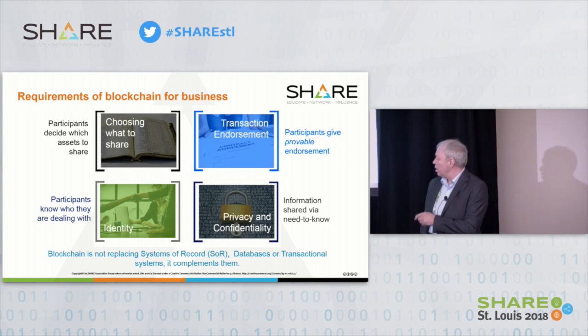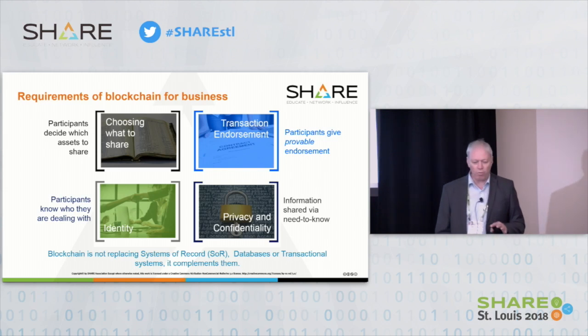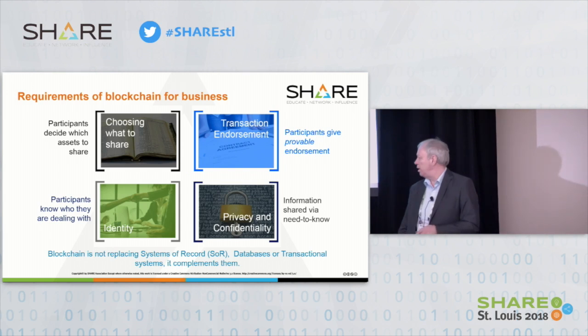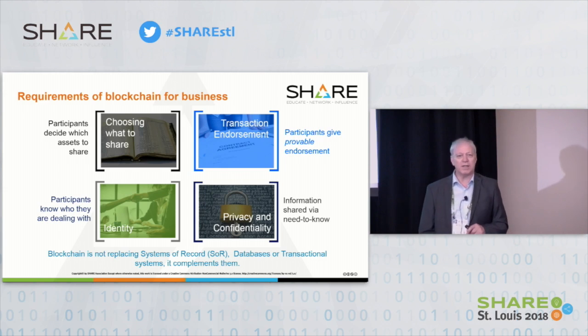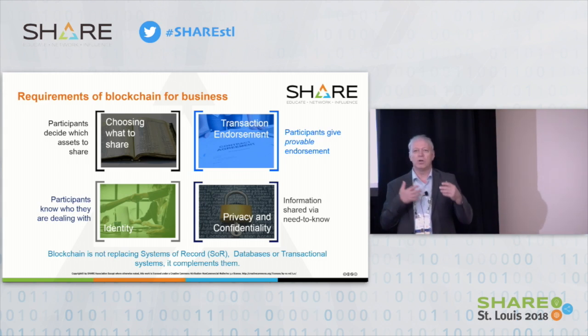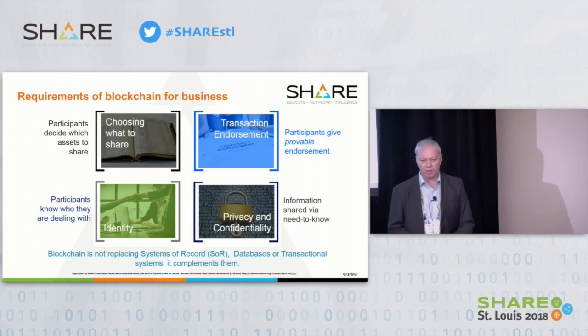So blockchain is basically based on those 4 pillars. Important to know is also that blockchain is not replacing any system of record. It is not replacing your databases or transactional systems. It is basically recording transactions separately in this shared distributed ledger. Make sense?